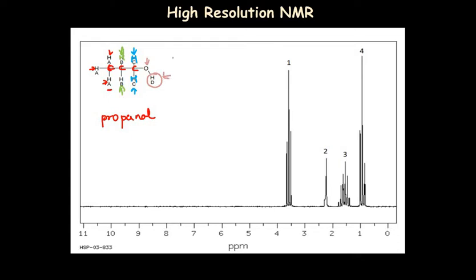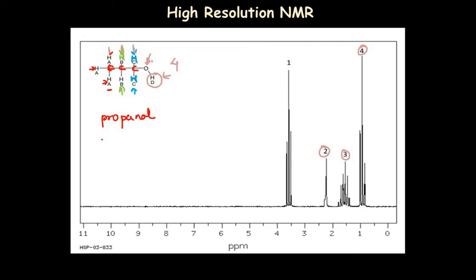So how many types of hydrogen environment do we have? 4: 1, 2, 3 and 4. So we should get 4 types of peaks, and here also we can see there are 1, 2, 3 and 4 peaks. We have got 4 signals, which are again split into some splitting pattern.